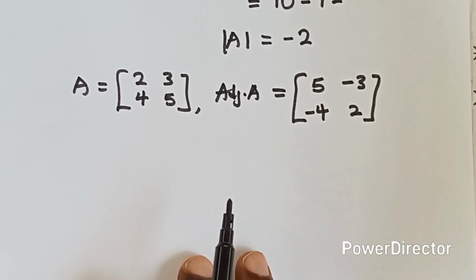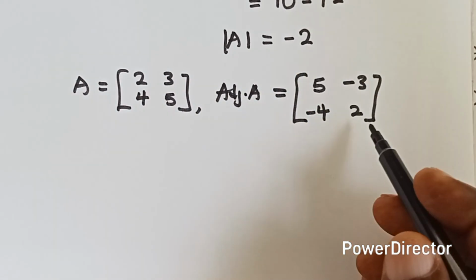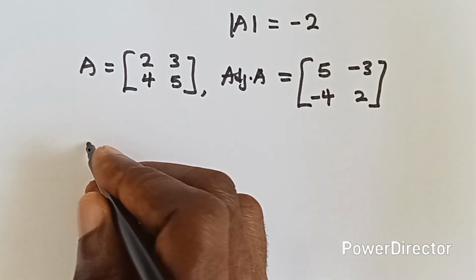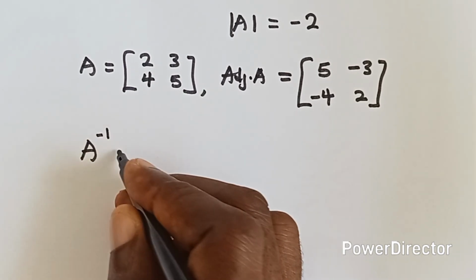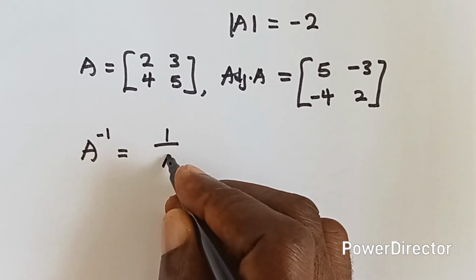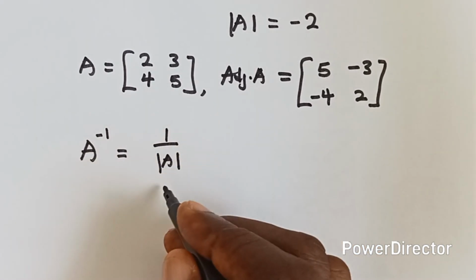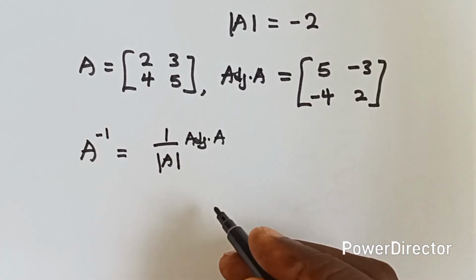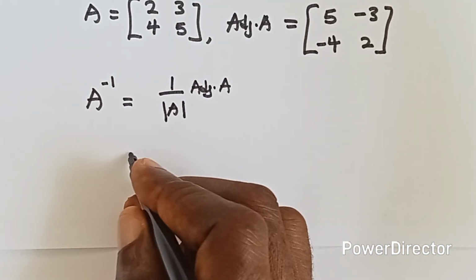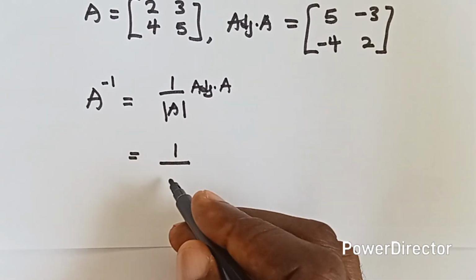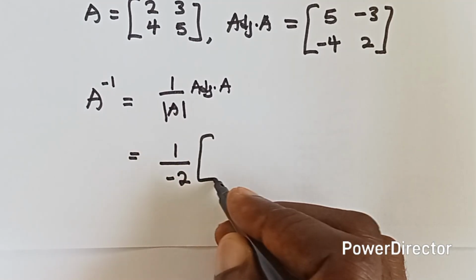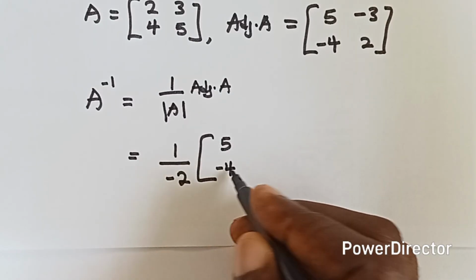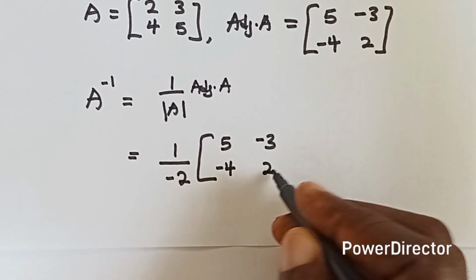Now that we have our determinant and the adjoint, we can go ahead to find the inverse of A. Let me write the formula again. Inverse of A equals 1 over the determinant multiplied by the adjoint of A. So let's apply that. 1 over our determinant, minus 2, and our adjoint is 5, minus 4, minus 3, 2.